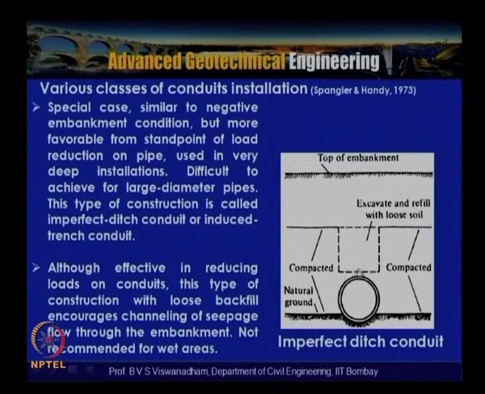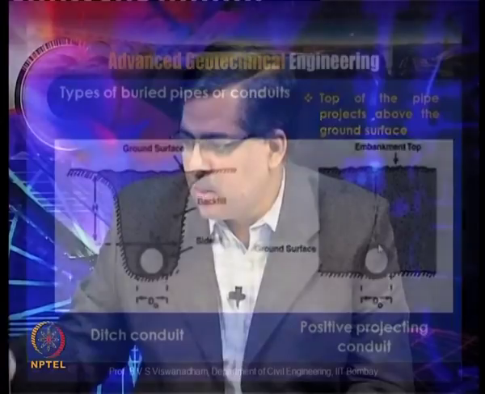Here this portion is excavated and refilled with loose soil. But because of this loose soil, there can be formation of channels of seepage flow through the embankment, hence it is not recommended for wet areas.